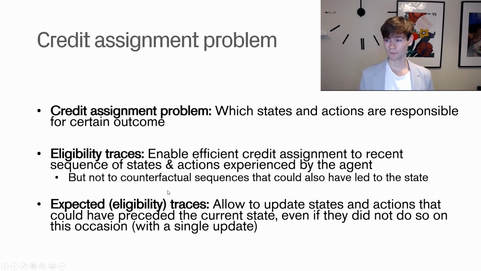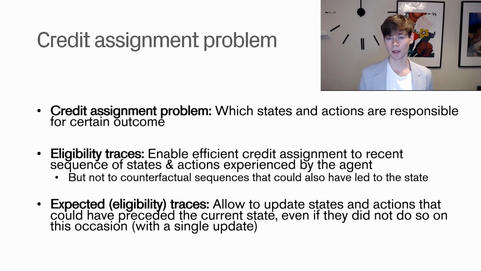One thing that these traditional algorithms lack is assigning credit to counterfactual sequences that could also have led to the same state. This sounds a bit cryptic, but what it means is, let's say you got a particular reward. You give credit to the states that you were in before, but there could be other ways of getting to that reward that you didn't take.